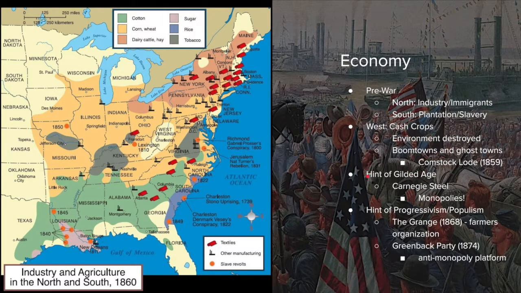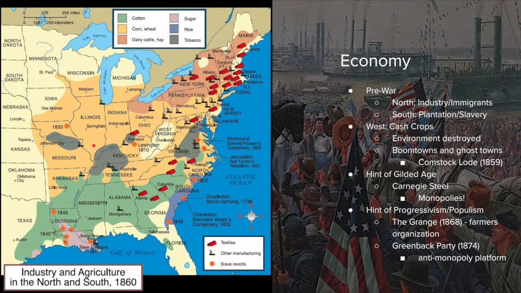We also get a hint of the Gilded Age here early on with Andrew Carnegie and his steel company, which is a rising monopoly in America. So we see hints of that Gilded Age creeping in here, even in this unit. We also get hints of progressivism and populism. Again, these are political and social movements as well, but they can fit an economy because it's about farmers out west getting angry about the monopoly in the railroads, charging them high prices to ship that grain.